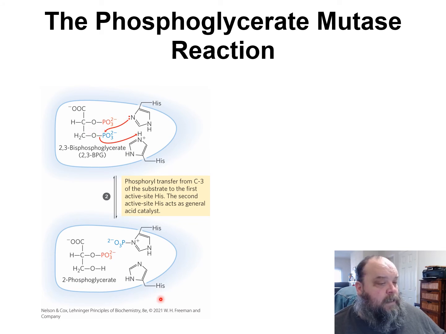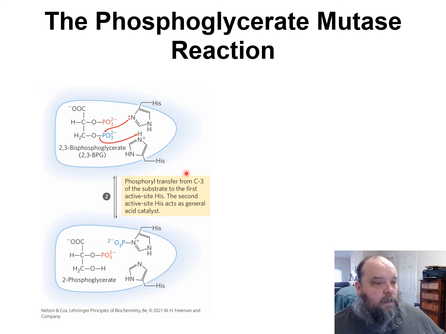So ultimately, the phosphate group that is now associated with carbon 2 of our glycerate molecule initially came from the enzyme itself. It's not that 3 was plucked off and then put onto 2.